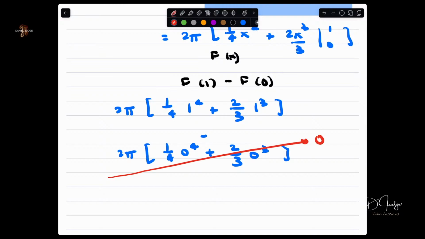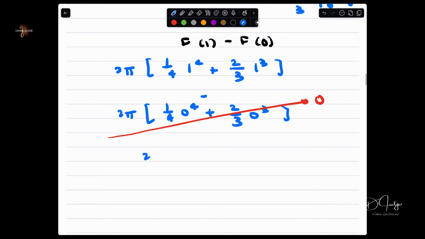That'll give you 0. So 2 pi times 1/4 plus 2/3.